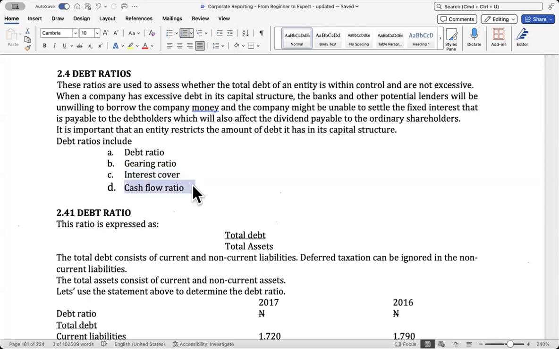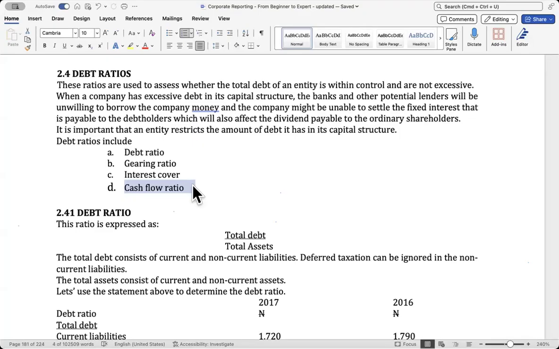And then there is the cash flow ratio. So cash flow ratio will look at your cash flow on your total debt. What this is looking at is whether you have sufficient cash flow to pay this long-term debt.